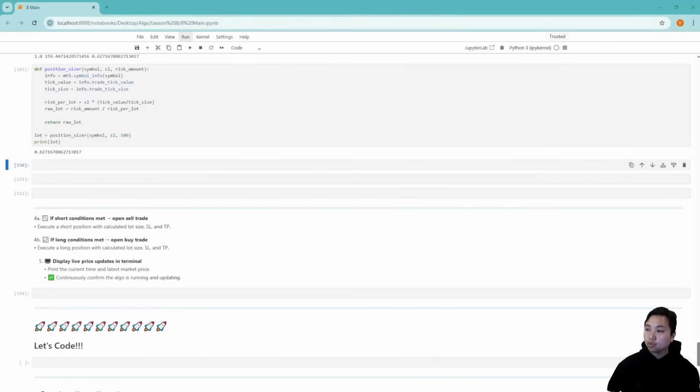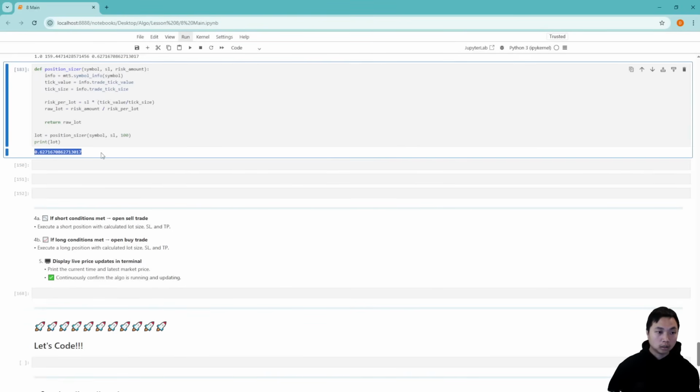Okay, so right now we have the raw lot here, which is the exact theoretical lot size based on our risk. But the problem is that the broker might reject the order if the lot size isn't rounded to the broker's allowed volume step. So that is why we need a normalization here.